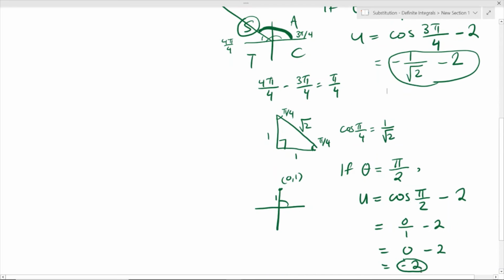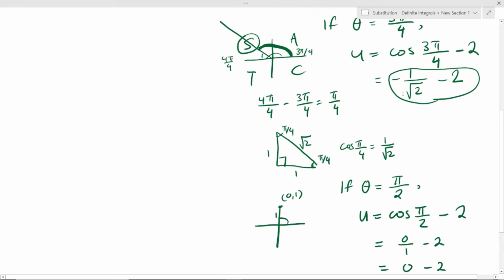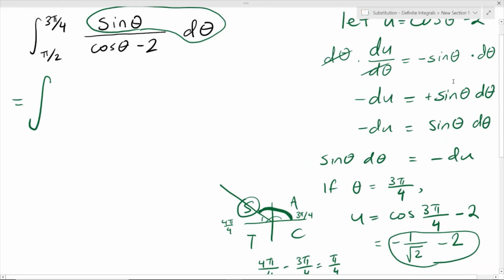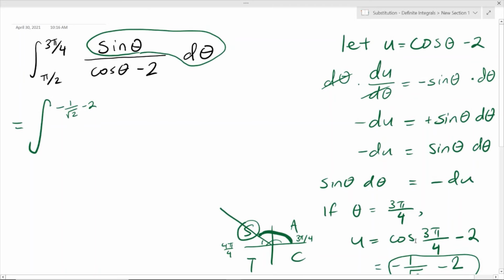So what we're going to do is write these new bounds into our integral. Here, the new upper bound, 3 pi over 4, corresponds to negative 1 over square root 2 minus 2, so I'm going to sub this back in here. And then for this new bound, pi over 2, we got negative 2, because now everything is for u.